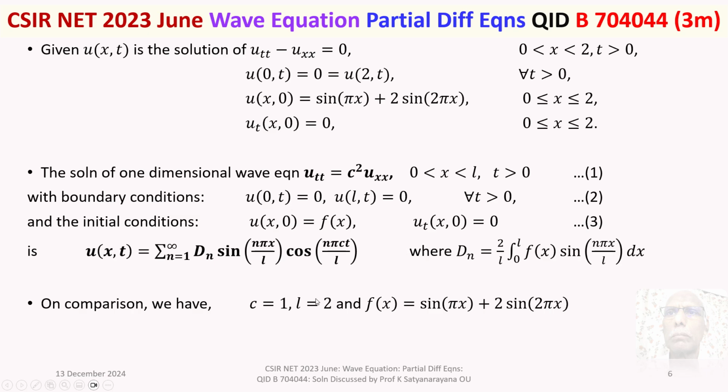Therefore, with c equal to 1, L equal to 2, and this given f of x, we get u of x comma t is equal to sigma n is equal to 1 to infinity d_n sin n pi x by L, L is 2, into cos n pi c t by L, c is 1, L is 2, that is cos n pi t by 2. This is u of x comma t.